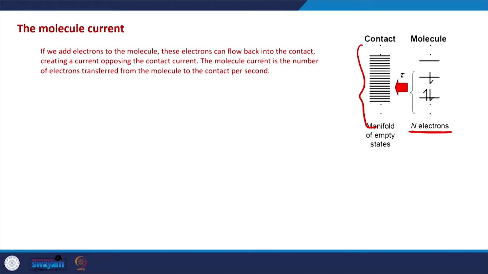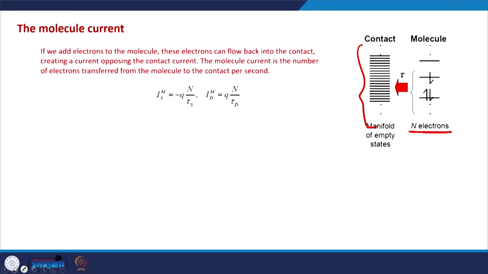So there might be some empty states as well, because if we go by the Fermi distribution function at finite temperature, there might be empty states corresponding to the filled energy levels in the molecule. So there might be a component of current because of the electron transfer from the molecule to the contact.